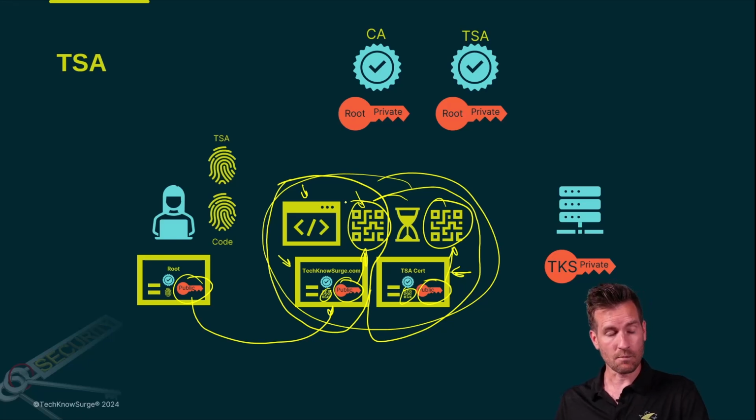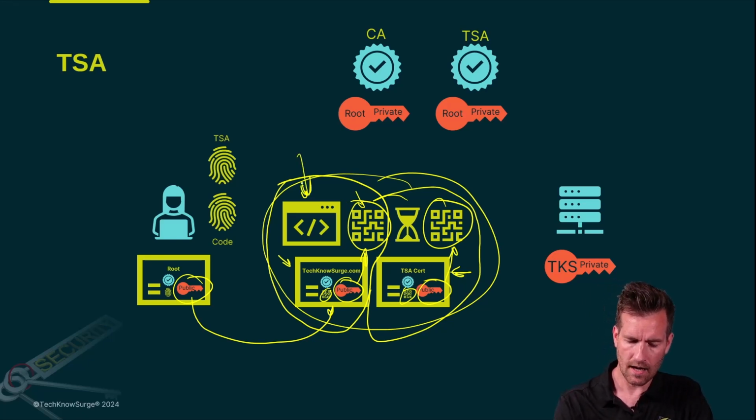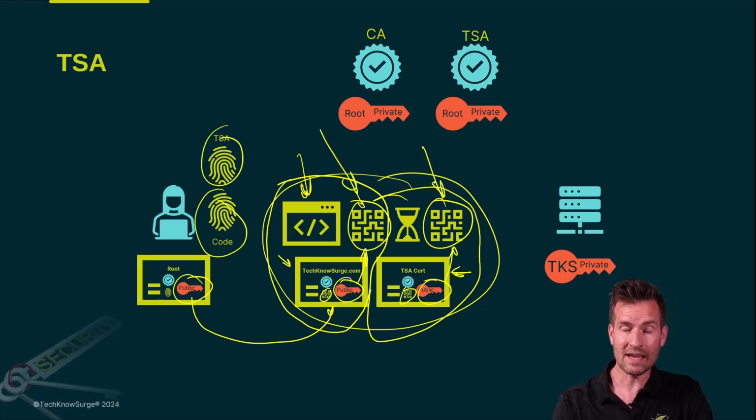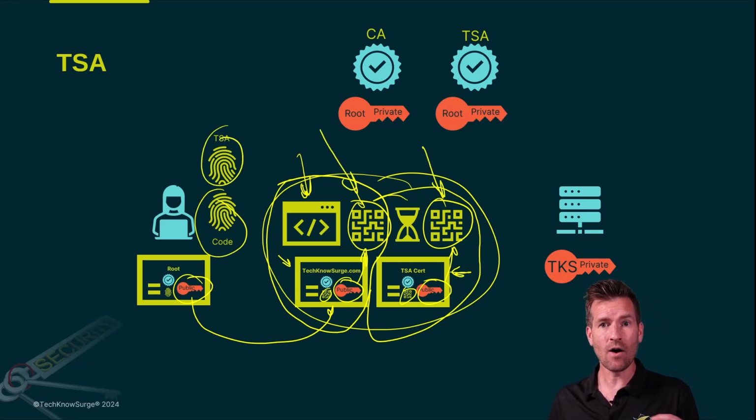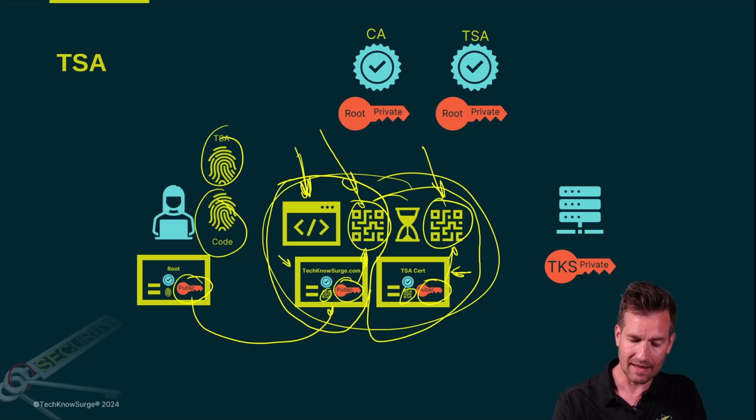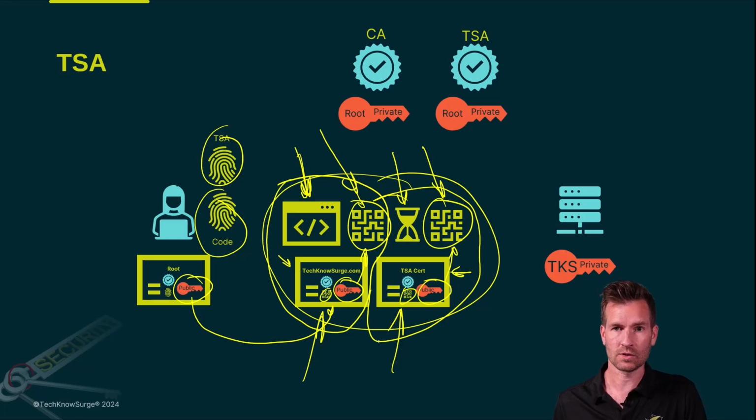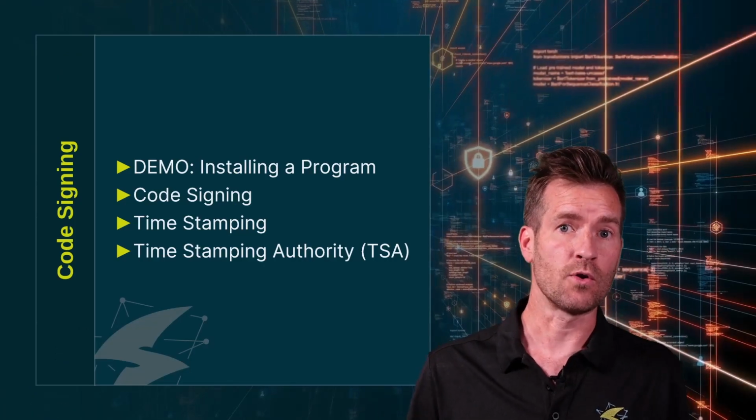And so then it can perform its own hashing on these packages to figure out what they are and compare them to what they should be. And once it does that, now everything is verified, and it can have a certain amount of verification that this program is legitimate with the proper timestamps from the proper timestamping authority and the proper source of the code. And that's how code signing works.